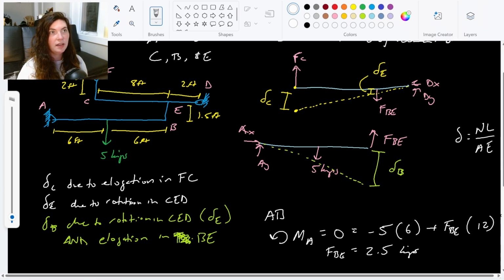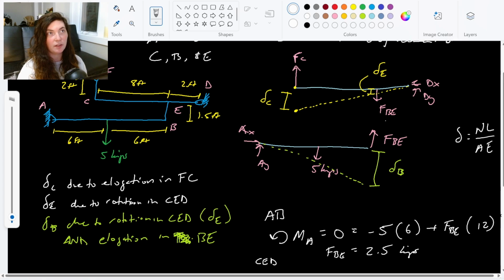Perfect. And so I can take this 2.5 kips and go ahead and use the free body I have up here for CDE. And now I'm going to take a moment about point D because I don't care about what these reactions are. I really just want to find FC.